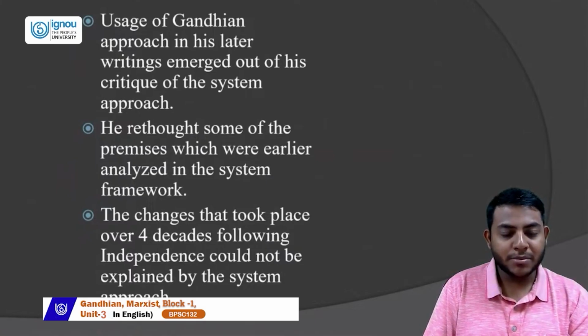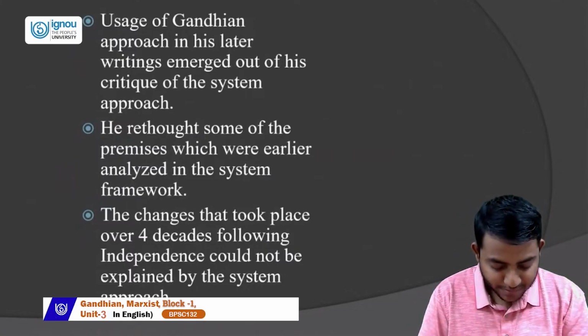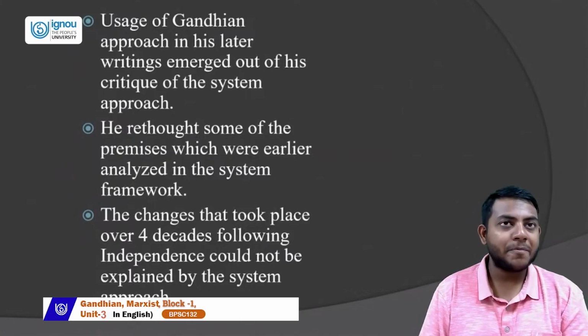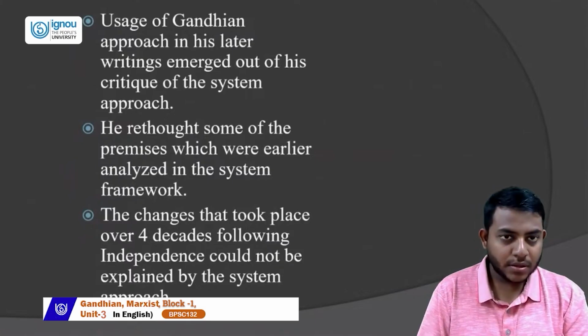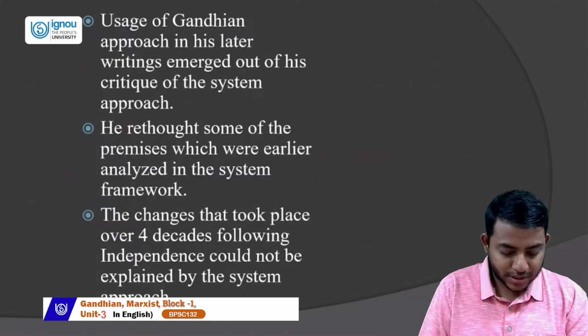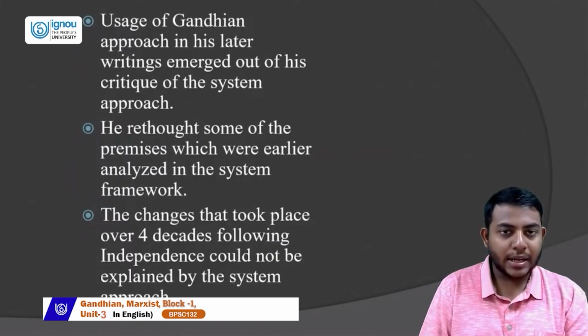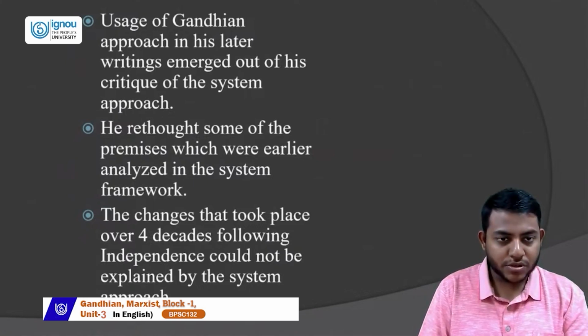Therefore, he rethought some of the premises which he gave in his work, Politics in India. So the usage of the Gandhian approach in his later writings emerged out of his critique of the systems approach only.